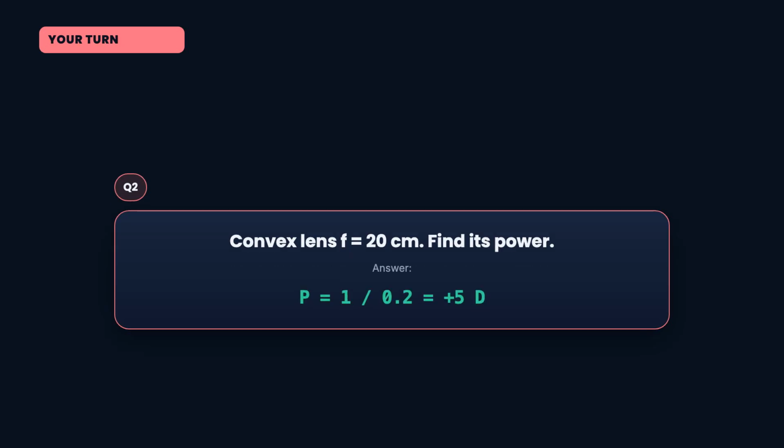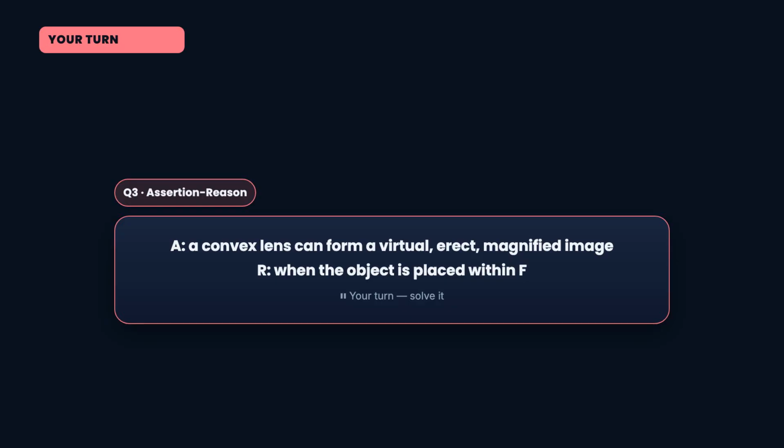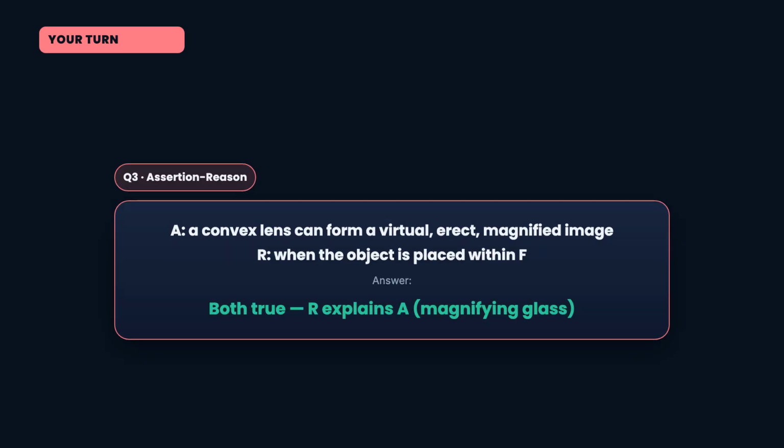Power equals 1 by F in meters, 1 by 0.2, which is plus 5 dioptres. Question 3. Assertion. A convex lens can form a virtual, erect, magnified image. Reason. This happens when the object is placed within the focal length. Both are true, and the reason correctly explains the assertion. That's the magnifying glass.